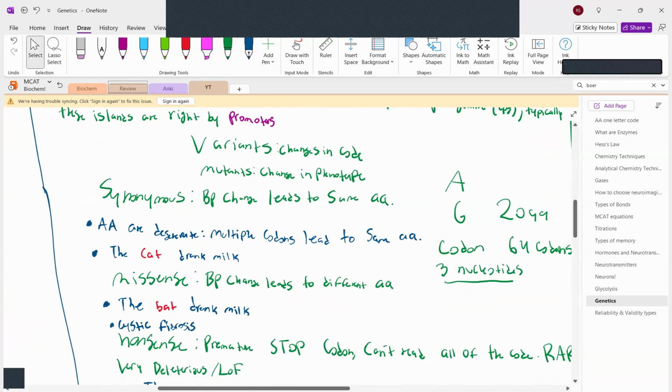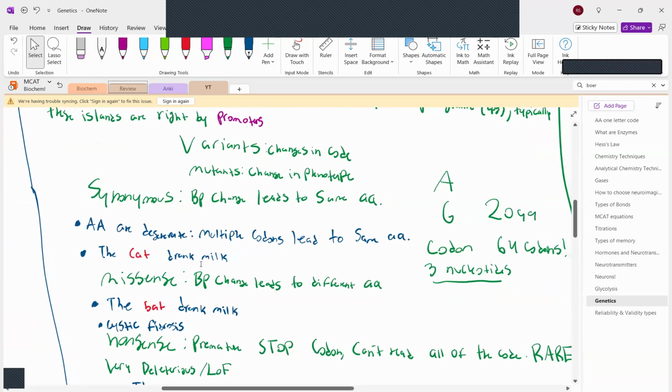And that is true. Also, there's stop codons too, and stop codons are the only codons that do not encode for an amino acid. The start codon, which is AUG, will always have methionine for the start, and then there are 3 stop codons that encode for nothing.